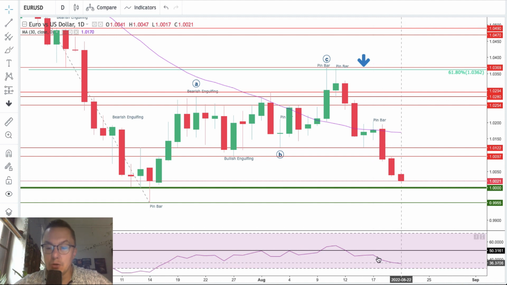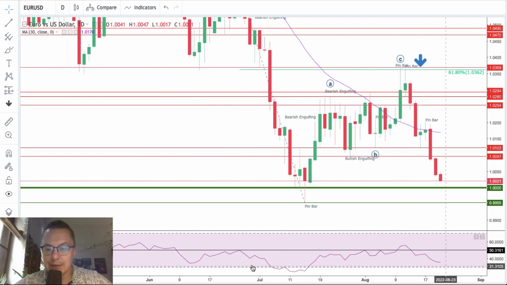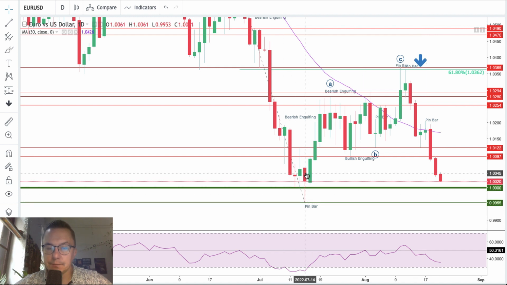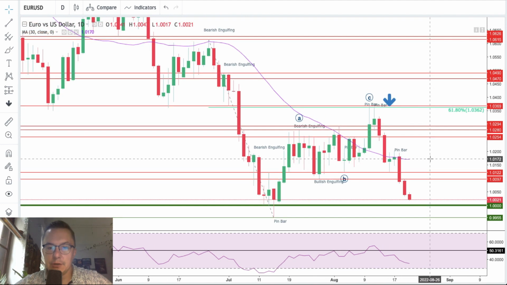There is still room on the RSI on the daily time frame chart towards the level of 30, which is the extremely oversold level. So, as I said, we might see very shortly 0.9953, the lows of the 14th of July, tested, right? So please notice the fact that euro dollar is still under the bearish pressure.